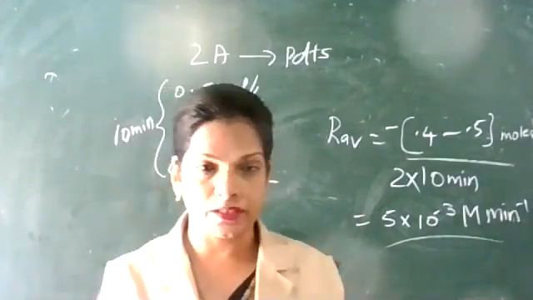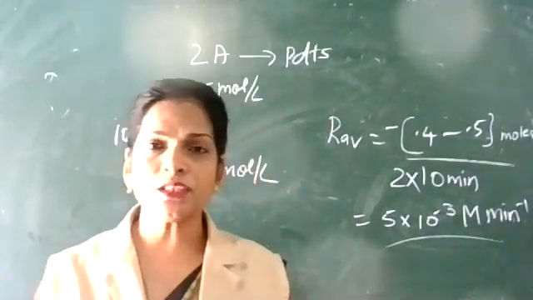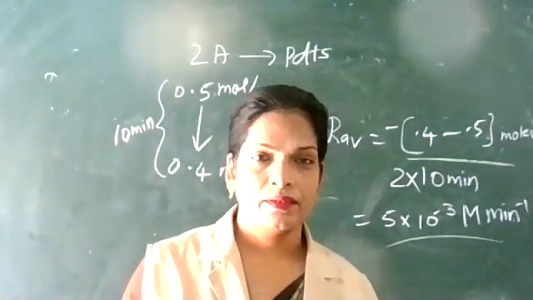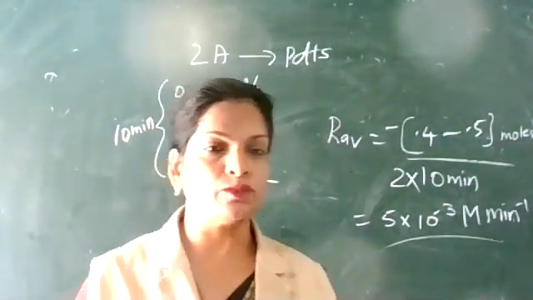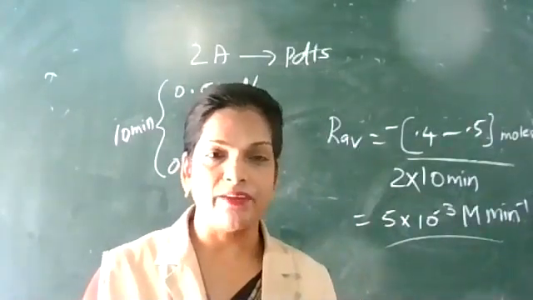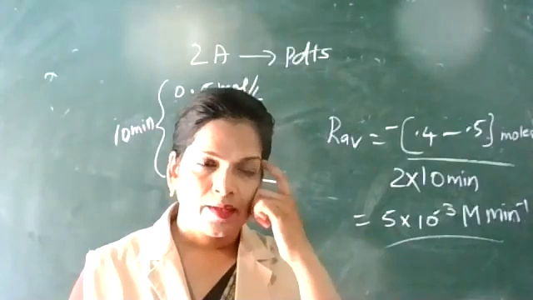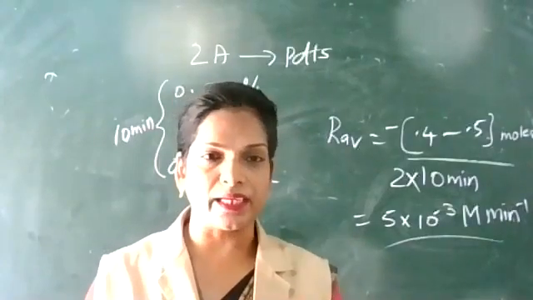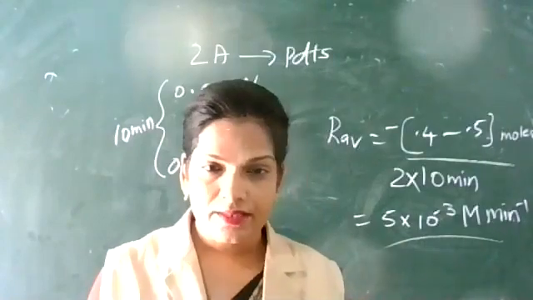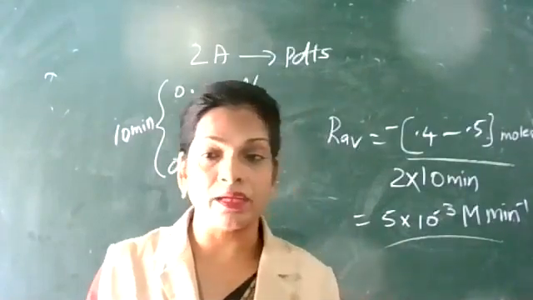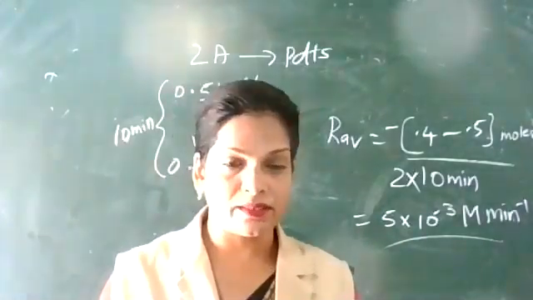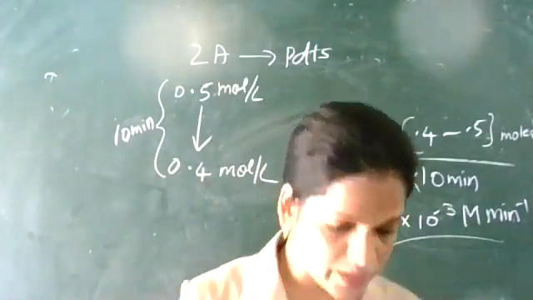Between 200 seconds and 400 seconds, in the gap, we say average rate. But at 300 seconds, we say instantaneous rate. So during a time interval, it is the average rate, and at a point, that is the instantaneous rate. Okay, thank you.